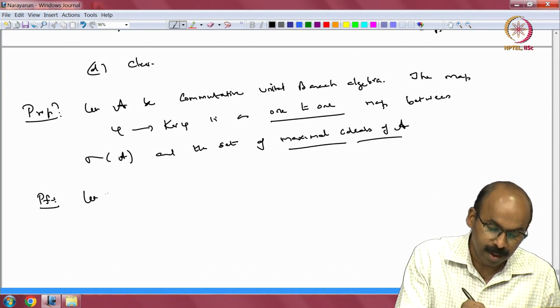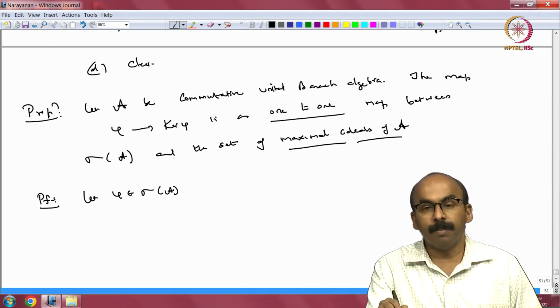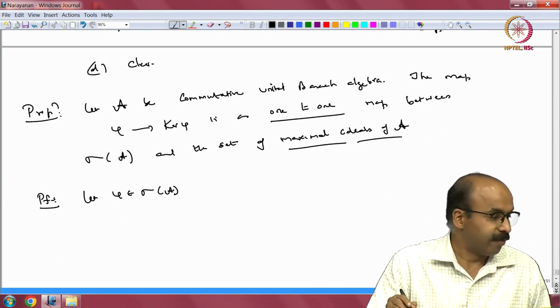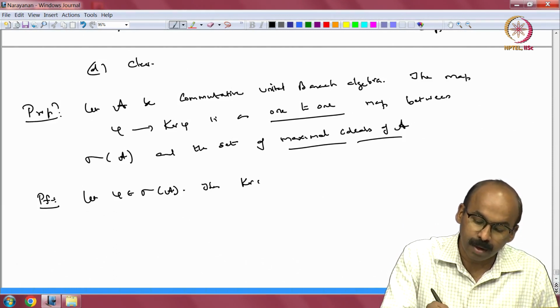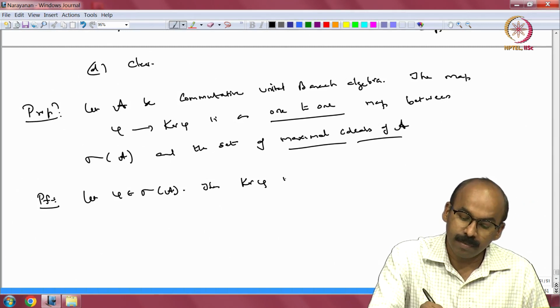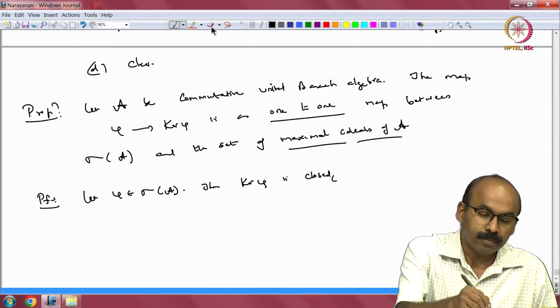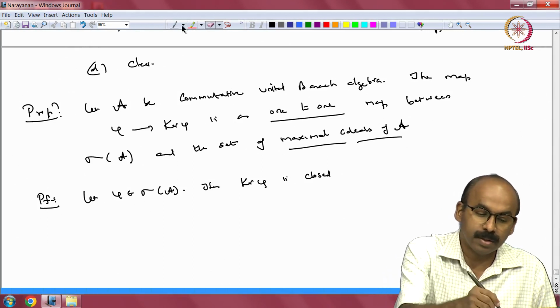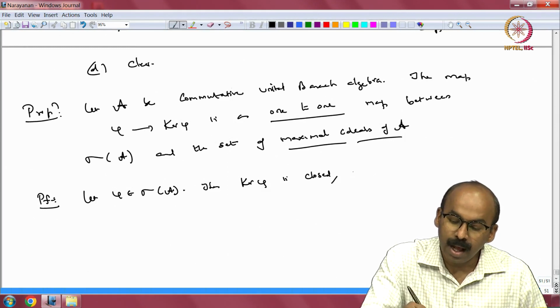So, let phi belong to sigma of A, that means phi is a continuous linear functional and a multiplicative homomorphism, right. Then kernel of phi is closed, because it is the 0 set of a continuous function. So, it is closed and it is an ideal, right.